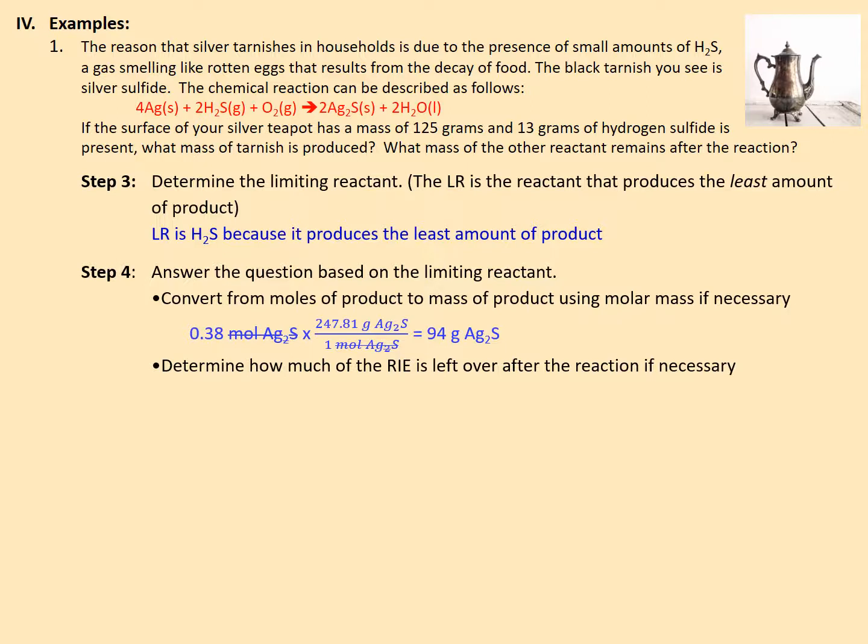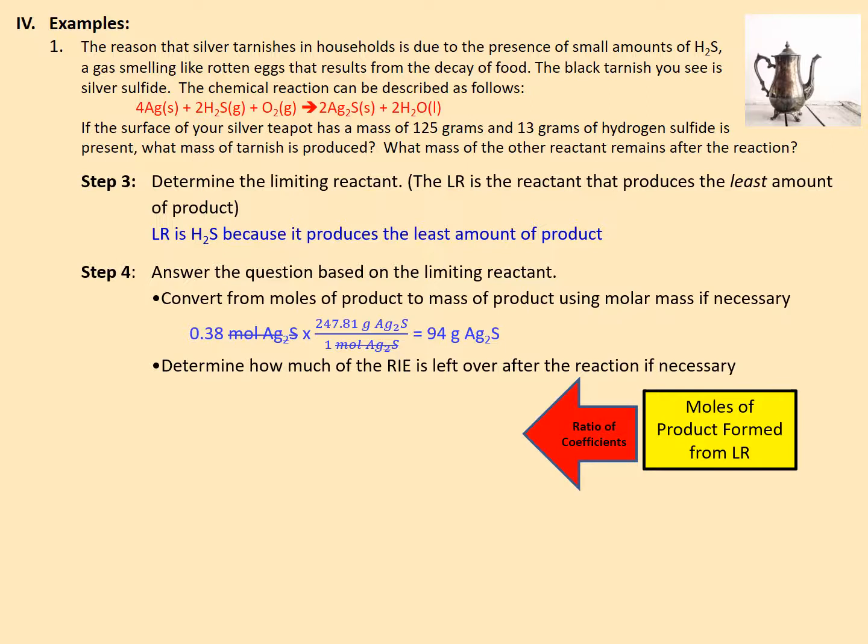I'm going to write this flow chart from right to left, because in a sense we're working backwards from where we started. We're now taking the moles of product formed from the limiting reactant, that is, we said 0.38 moles of silver sulfide could be produced. And we are now going to use the ratio of coefficients from the balanced equation to figure out the moles of the reactant in excess, in this case silver, that was consumed.